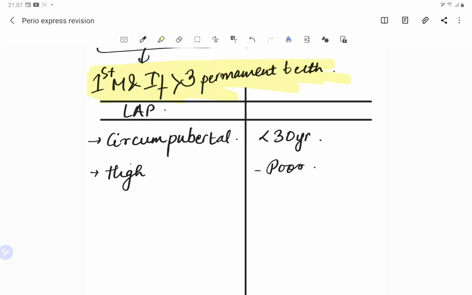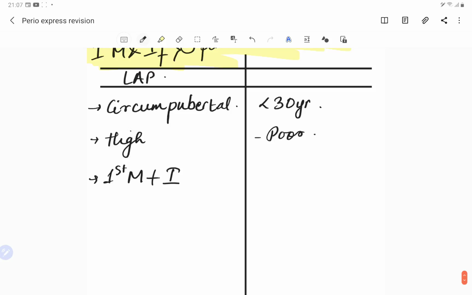And if we see the destruction pattern in case of localized aggressive periodontitis, we see localized attachment loss at the incisor and the first molar area, and there is an interproximal attachment loss of at least 2 or more permanent teeth, out of which one is the first molar, and involvement of 2 or fewer teeth other than the first molar and the incisors. So other than that, 2 permanent teeth.